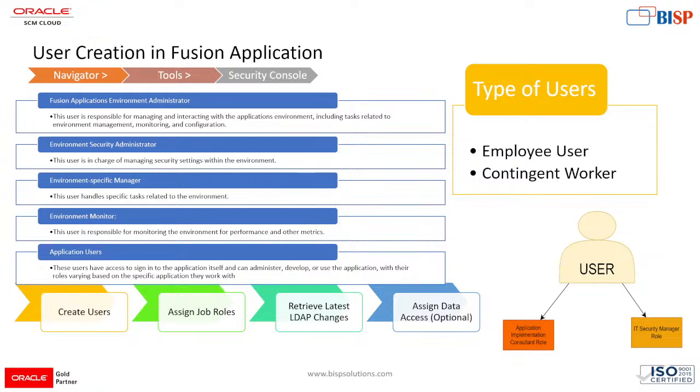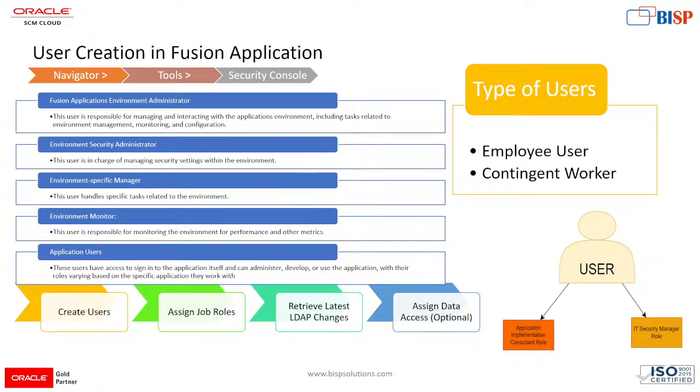For example, if your company prefers to refer to the employee as associates, you are flexible to change the employee user person type to associate. These classifications are essential for managing access, ensuring security and facilitating reporting within your workforce.